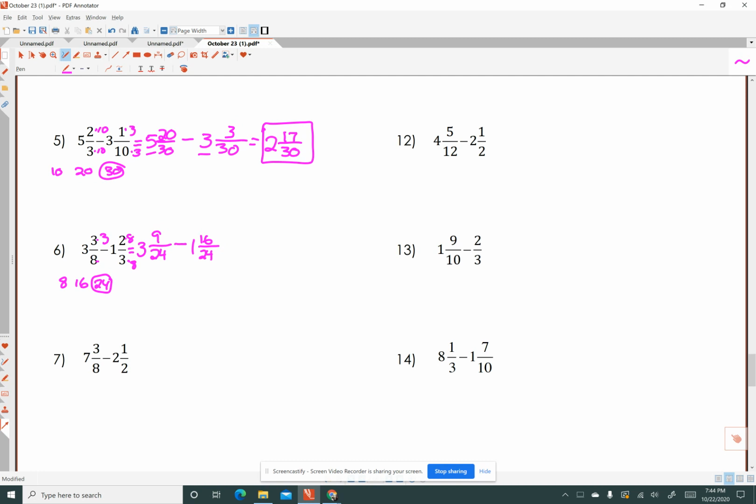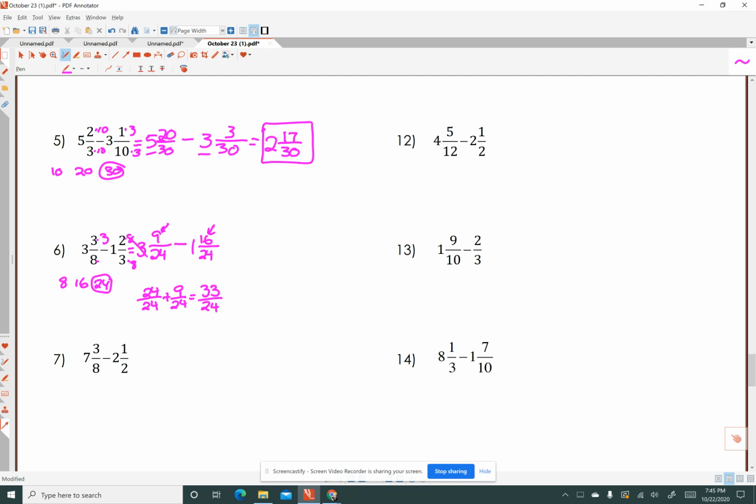Now, we're going to have to rewrite this problem because we have a larger number here being subtracted from the smaller number here. So we're going to borrow from the 3. We're going to borrow one group of 24/24ths and add it to our 9/24ths, to give us 33/24ths.